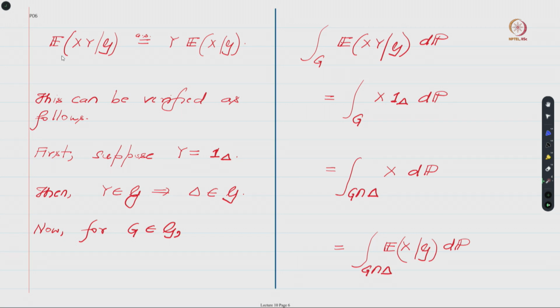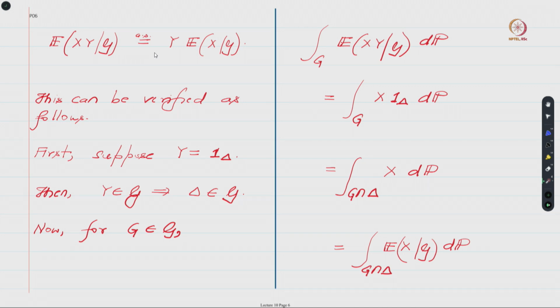In this case we have two random variables and we are only saying that one of them is g measurable, and the question we are interested in is, what can we say about the conditional expectation of the product of x and y? The claim is that this conditional expectation is actually y times the conditional expectation of x given g, that is, whenever y is g measurable you can pull y out of this conditioning and write it outside.